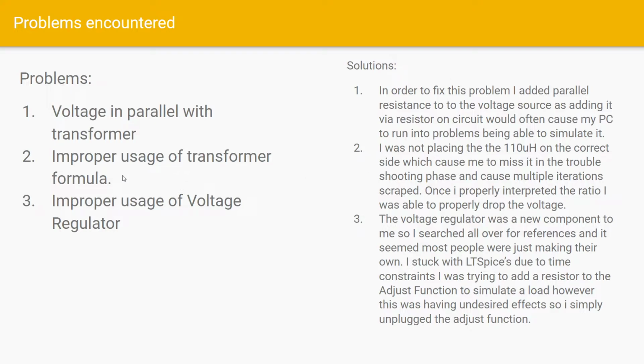Our second problem was that we improperly used the transformer formula. I was not placing the 110 microhenry on the correct side, which caused us to miss it in our troubleshooting phase, and it caused multiple iterations of this circuit to be scrapped.